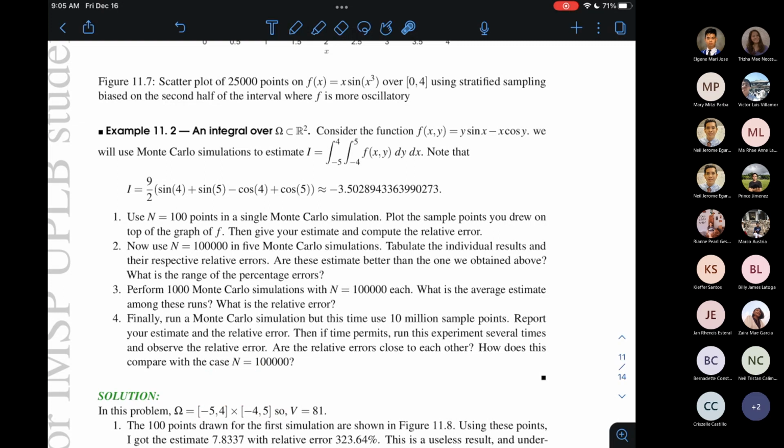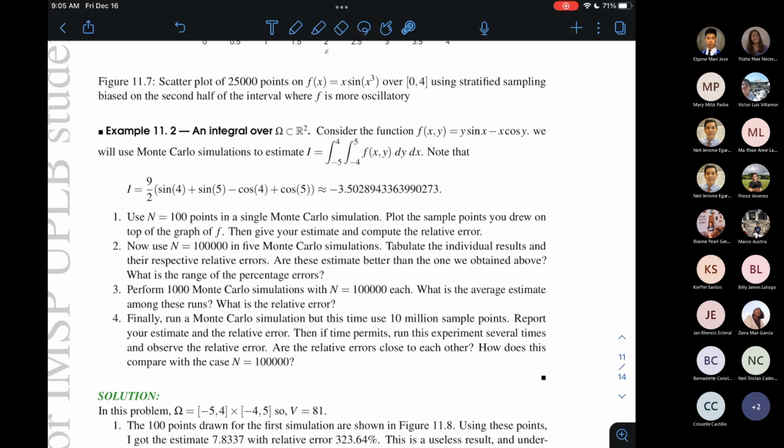So omega is actually a square, right? Of side length equal to 9. So dahil isa siyang square na ang side length ay 9, so ang volume niya ay 81, o ang area niya ay 81. So we will have 81 over n times the summation of mga function values over x and y's chosen randomly over omega.